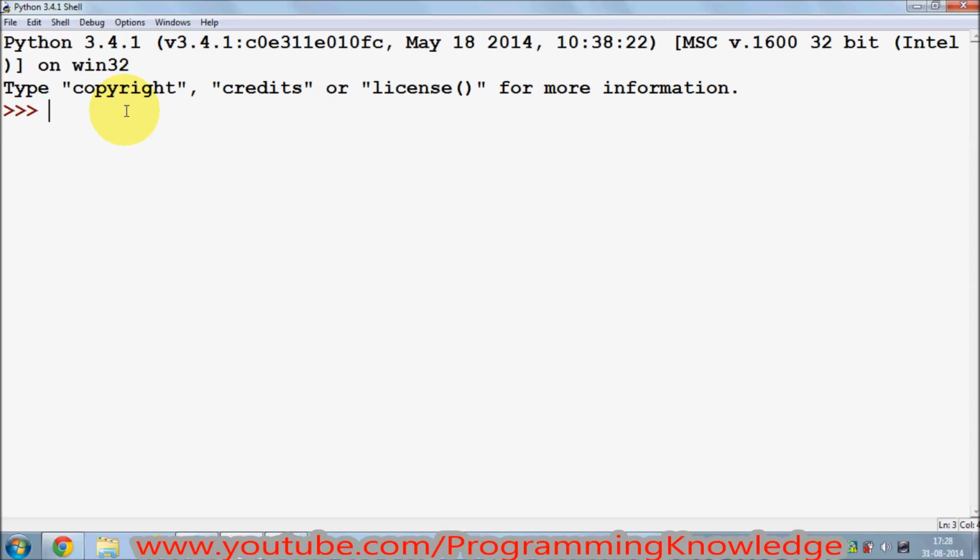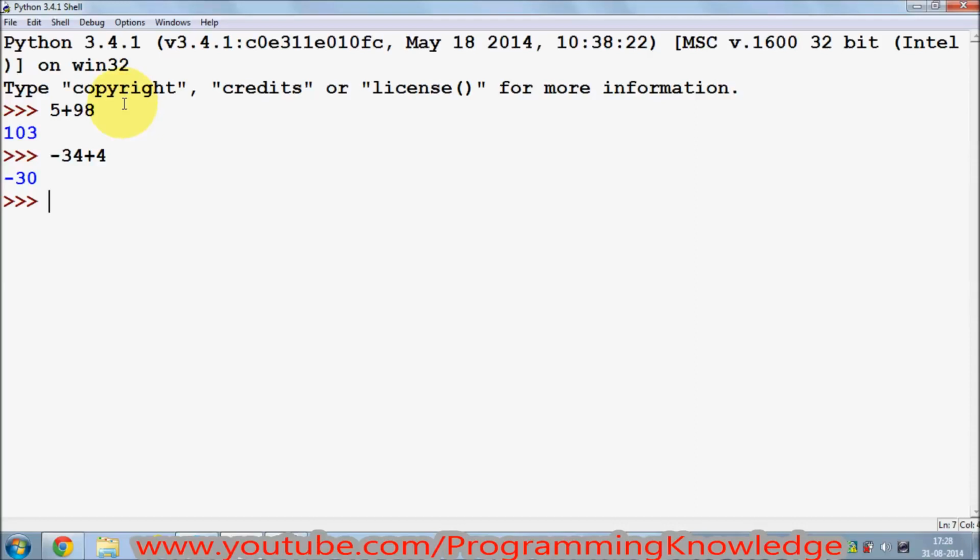Like simple mathematics, Python can also do the maths for you. So for example, you want to add 5 plus 98, it will give you the answer 103. You can even add minus values, so minus 34 plus 4, for example, and it will give you the answer minus 30.